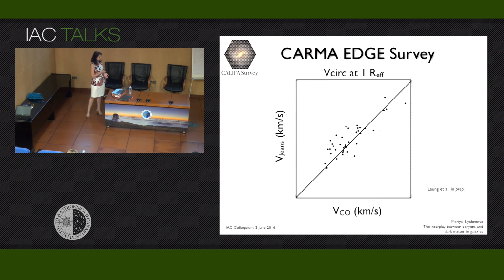So one is the cold CO gas, and the other one is the stellar kinematics from optical observations. And I'm looking forward to the paper. So this is work led by a PhD student in Heidelberg, Gigi Leung, who is concentrated mainly on looking for differences and similarities between optical and CO velocity curves.